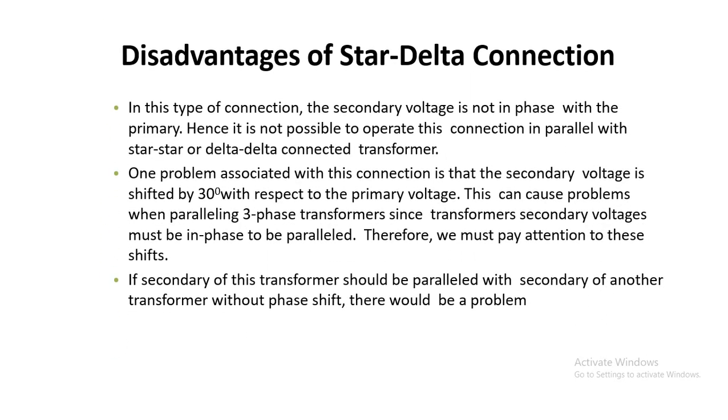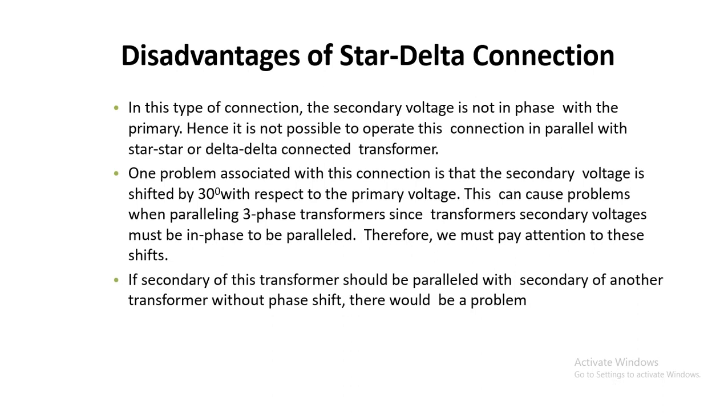Apart from the advantages, there are a few disadvantages for this transformation. In this type of connection, the secondary voltage is not in phase with the primary. Hence, it is not possible to operate this connection in parallel with a star to star or delta to delta connected transformer. One problem associated with this connection is that the secondary voltage is shifted by 30 degrees with respect to the primary voltage.